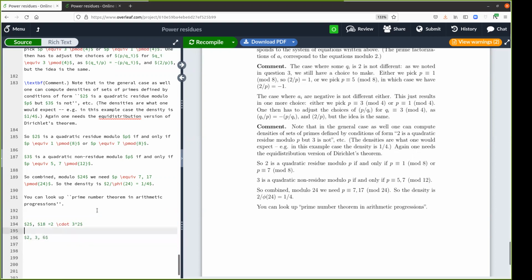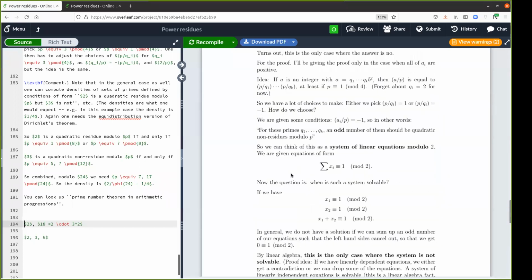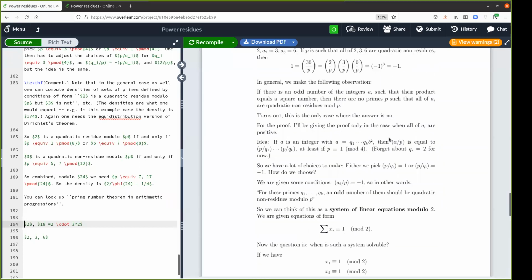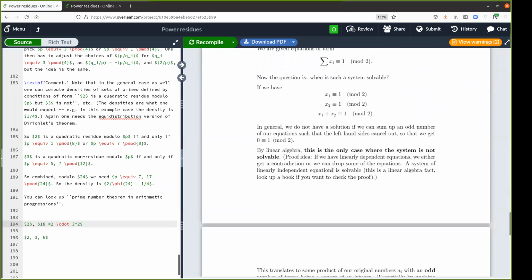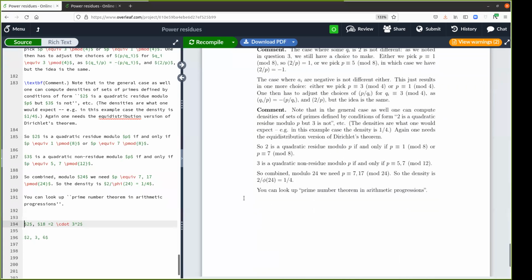Of course, 2, 3, and 6 are not independent of each other because 2 and 3 determine 6. But if there is no trivial obstruction, then you can think of the conditions being independent of each other. And you can prove the independence result by a modified version of this argument we gave here. But that requires a bit more work.